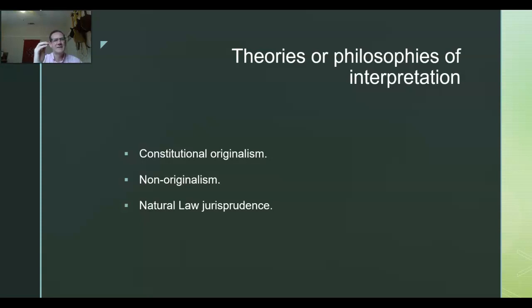We have the Constitution, we have other positive laws that have been written down, we have precedent, we have norms and opinions, we have political consequences, and now we finally have theories or philosophies of judicial interpretation. And like I said, the philosophies help put everything in order for us.